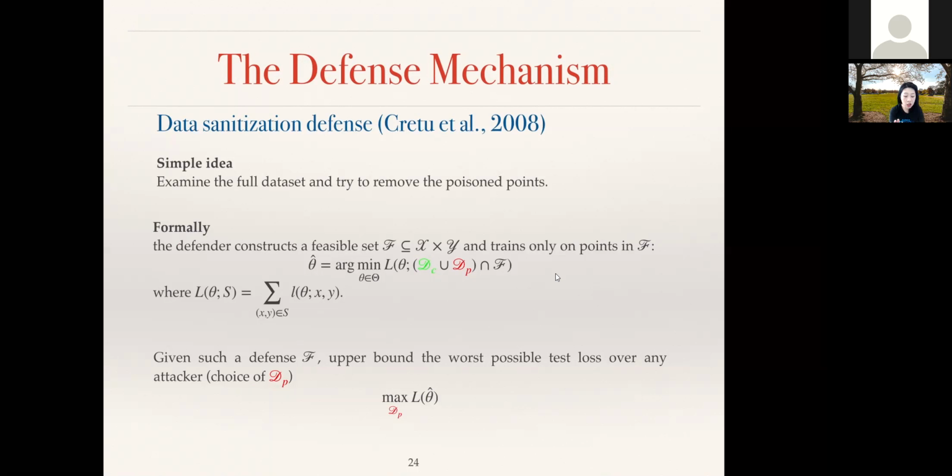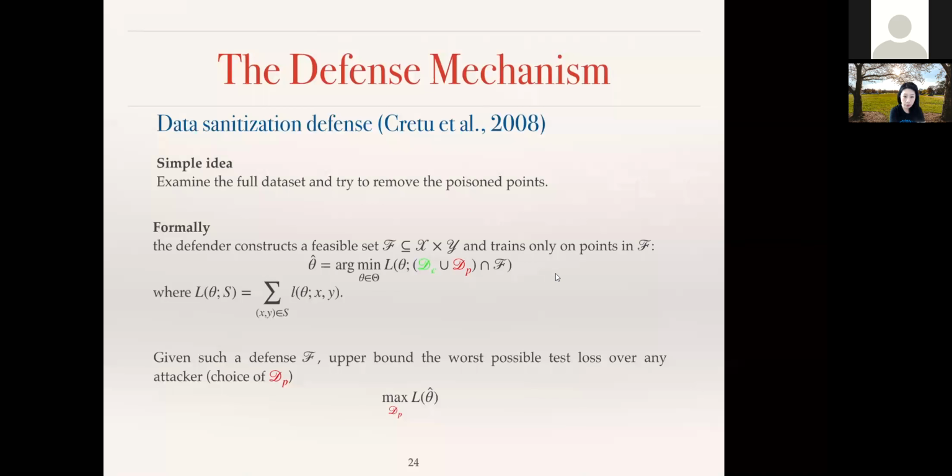Because even a single poison data point can, in some cases, arbitrarily damage the model or change the model. This was actually proven in previous papers from 2016, 2017, where people have seen that. So that's why the defense mechanism is so crucial.